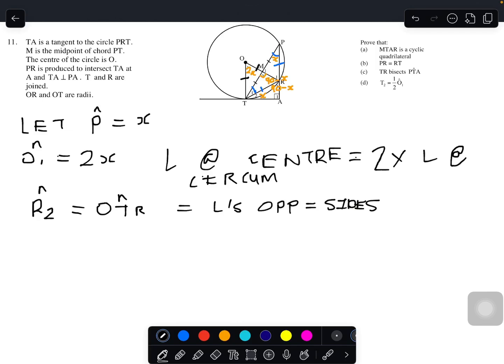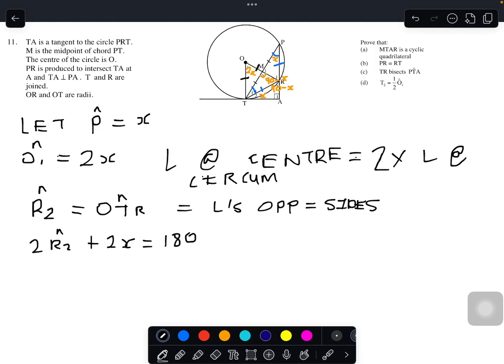And from there we have that 2R2 plus 2x equals 180.